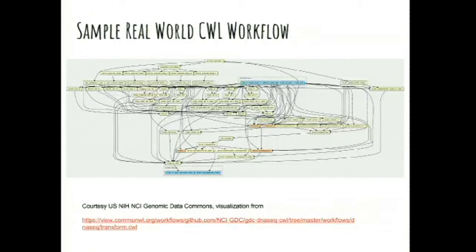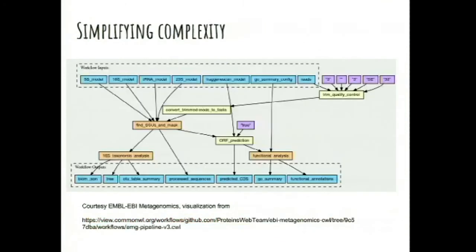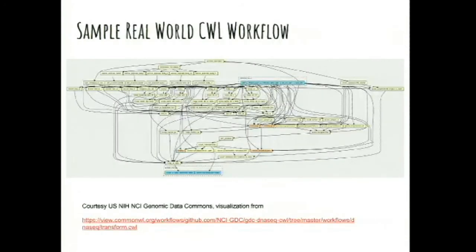This slide, which of course is unreadable, is to give you a feeling of the level of complexity that people are doing today with CWL. Now, personally, I don't want my workflow to look like this. I prefer using sub-workflows and nice labels to make it a little bit more readable and comprehensible, and we support that. But I like this one because it gives you a sense of what can be represented.